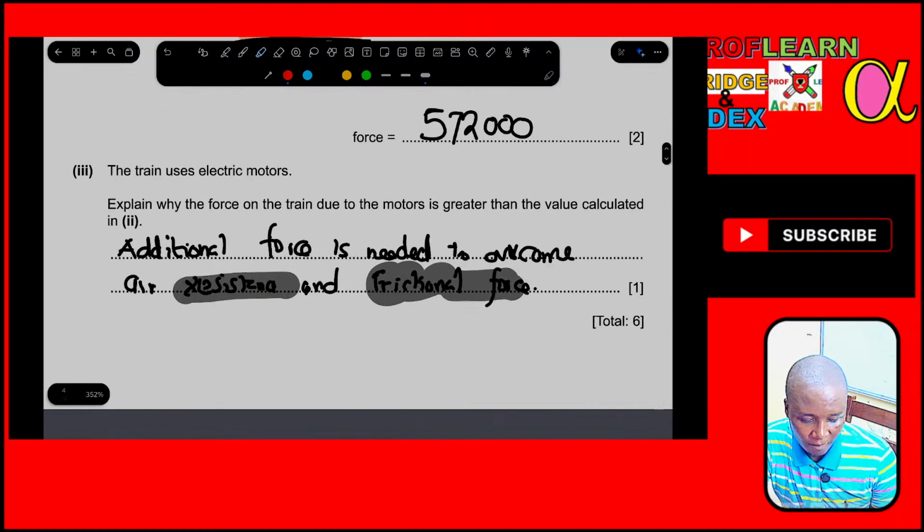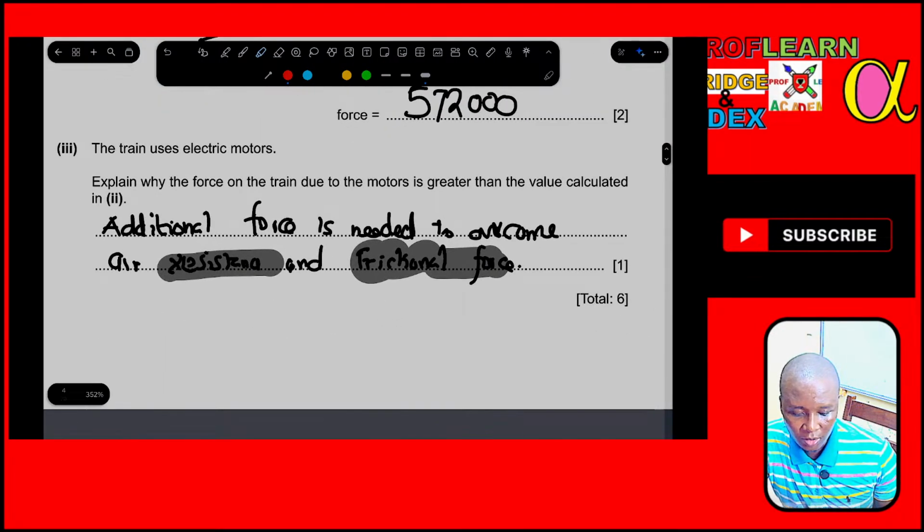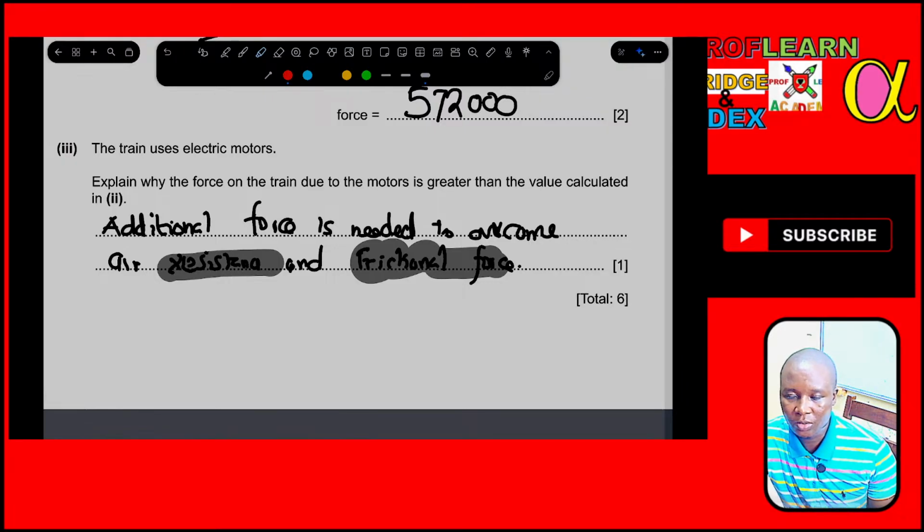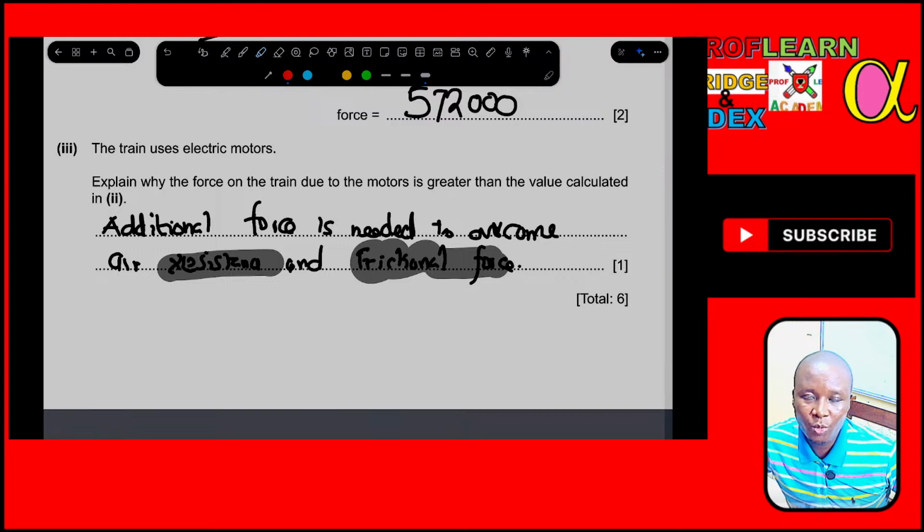And that is it. Explain why the force on the train due to the motor should be greater, because the motor is the one that usually runs the train. We are supposed to explain why the force due to the motor is greater than the value that is calculated. We need to remember that there is always what we call friction and there is air resistance, and all these try to resist motion.